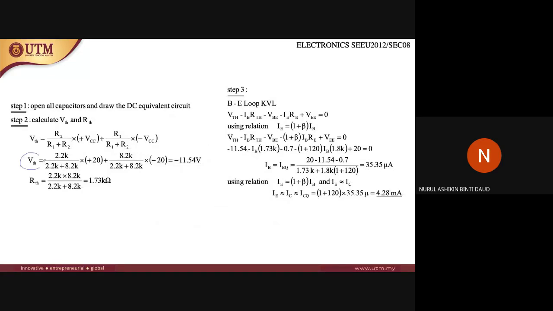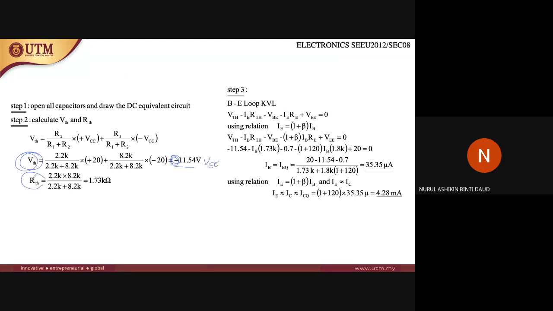Don't worry if you get a minus value once you get VTH. It is just a sign of the direction of the current flow, which here means the current flows from VEE.